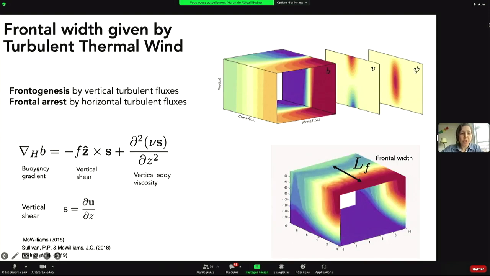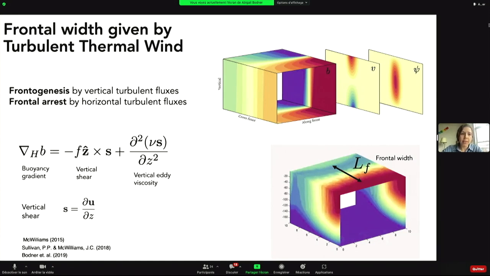So turbulent thermal wind, for those of you familiar with the standard thermal wind balance, is the balance between buoyancy gradient and vertical shear. And then there's an additional viscous term that is supposed to account for an Ekman type balance. But what this merely says is that in the submesoscales, where we have QG theory that can be related, but also boundary layer turbulence that's interacting, this three-way balance accounts for these different processes that are important at first order.